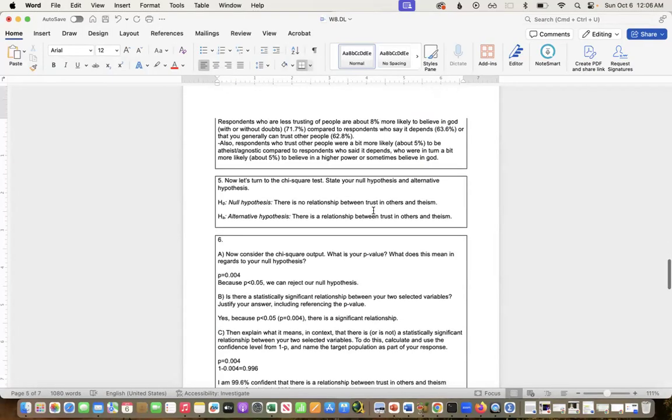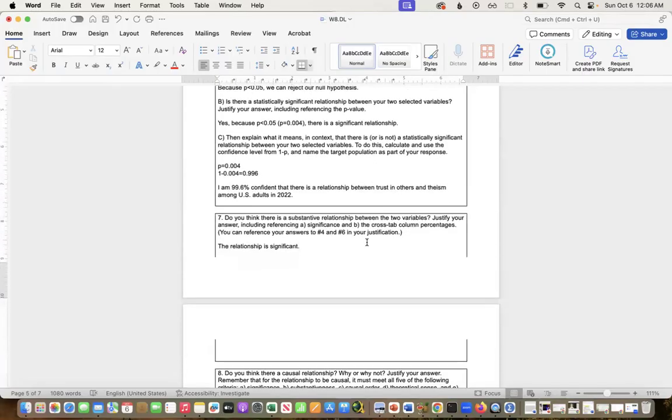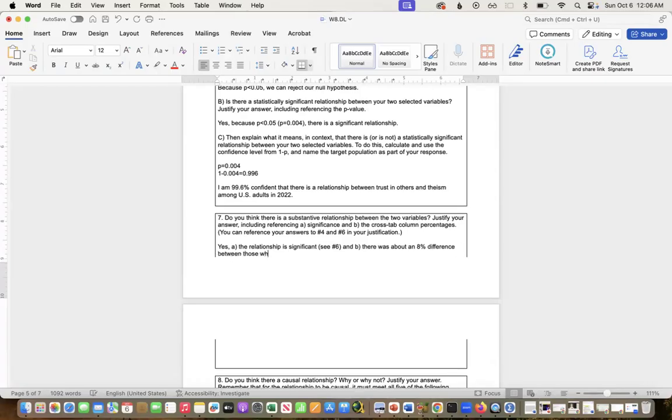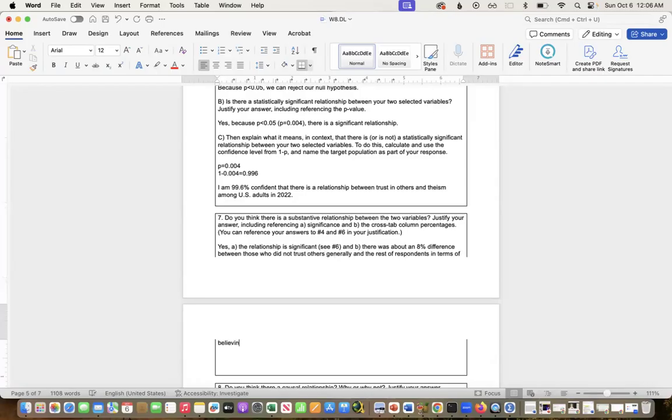So I'm going to say yes. The relationship is significant, see number 6, and there was about an 8% difference between those who did not trust others generally and the rest of respondents in terms of believing in God.